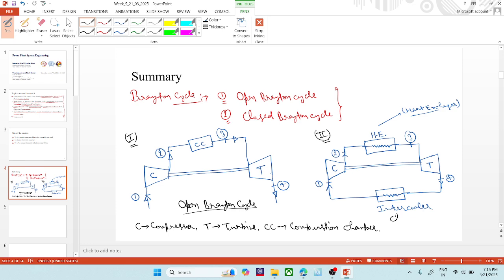This is the closed Brayton cycle. Okay, so in this Brayton cycle, we supplied the heat from here in the combustion chamber, QS, and the heat released here is QR, if we connect it by some imaginary line.